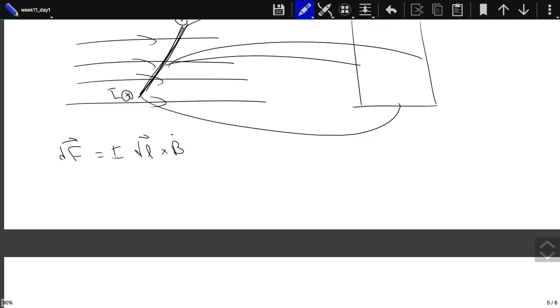Now, if B is uniform, then the total force will be just I times L cross B. L is just a vector along the wire. It's a uniform and straight wire. L is along the wire, and I is just the current.